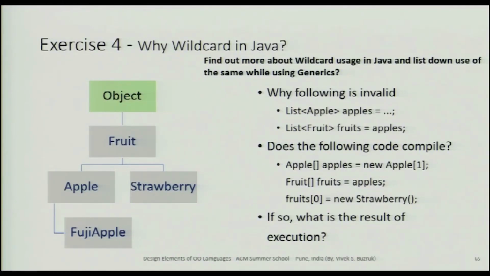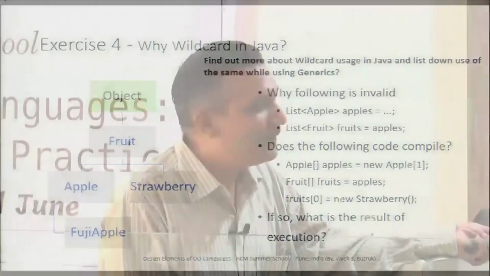Now look at this, fruits is actually apples, and you are now storing a strawberry there. Storage-wise it is a problem first of all, okay. There is a storage constraint that will come. It will be a runtime error in case of Java, check that.